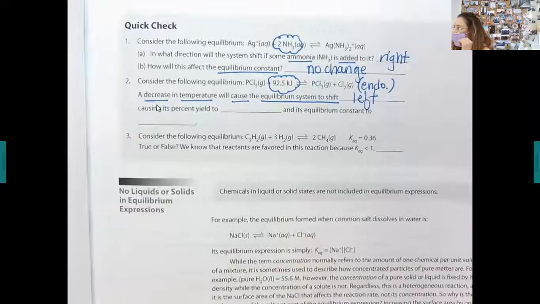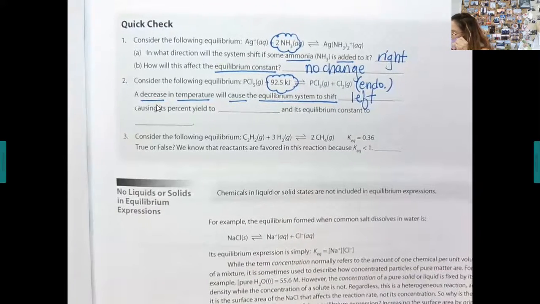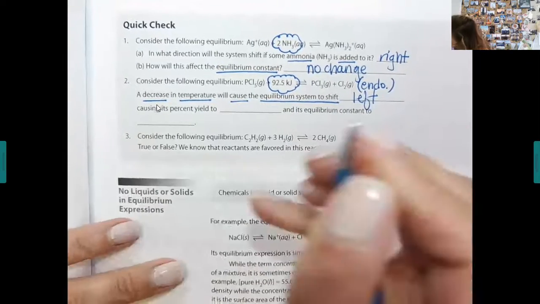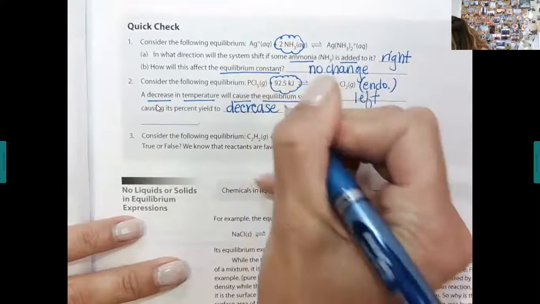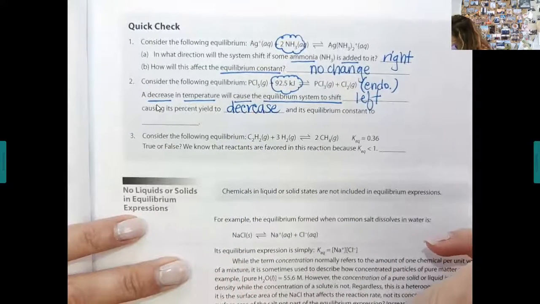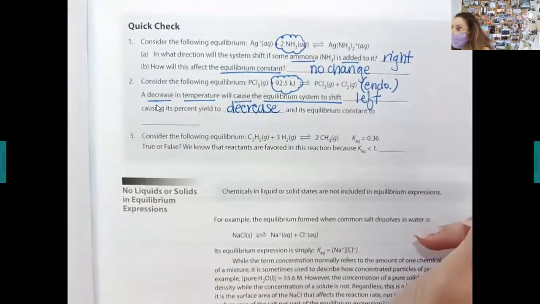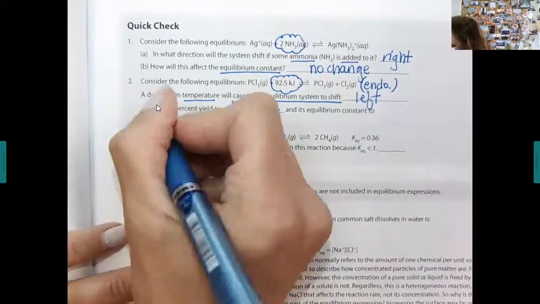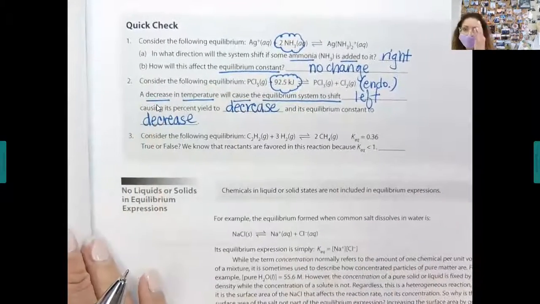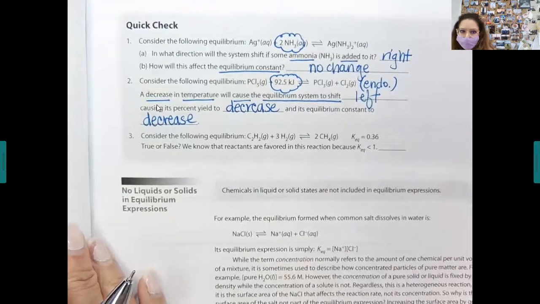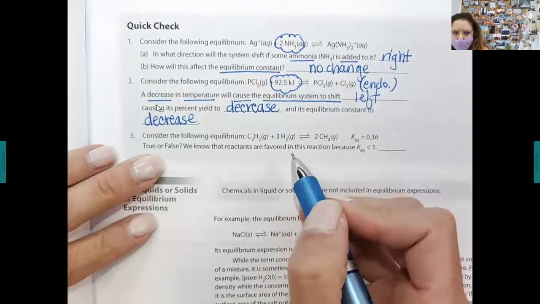So I'm going to shift to the left. What does that cause the percent yield to do? Decrease. And the equilibrium constant, which is affected by temperature, will also do what? It will decrease because we shifted to the left.